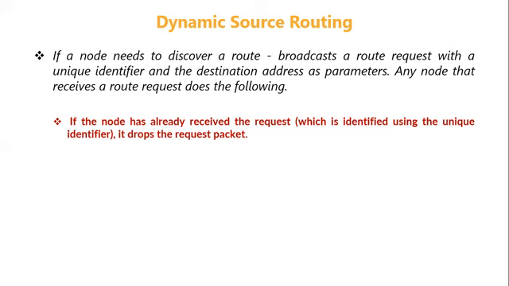Under that situation, if a node needs to discover a route, it will broadcast a route request. Broadcast means it will send the message to everyone who is reachable. It will broadcast a route request with a unique identifier and the destination address as the parameter.